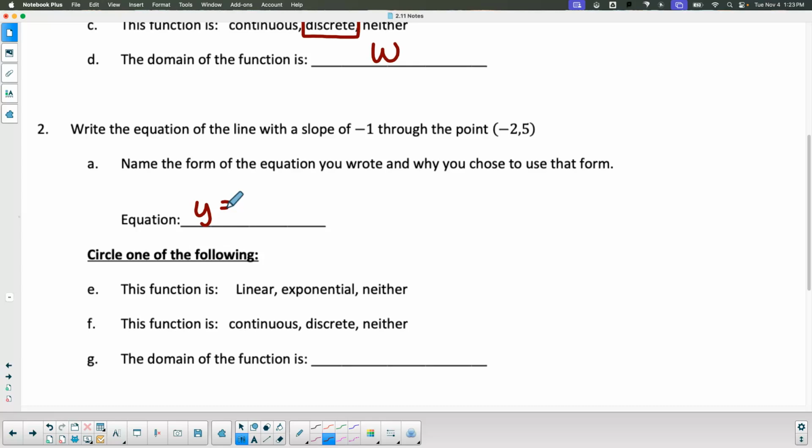Calvin, give me the point slope form of this one. Point slope form. I want that bottom one on the board for this scenario number 2. I started you out with y equals. Y equals 5, yep, I like 5.